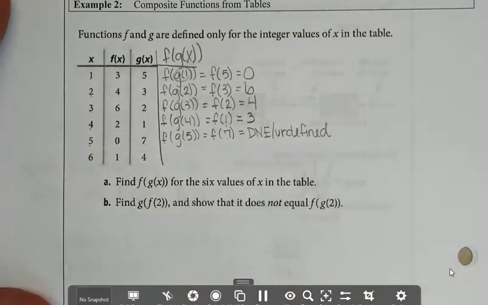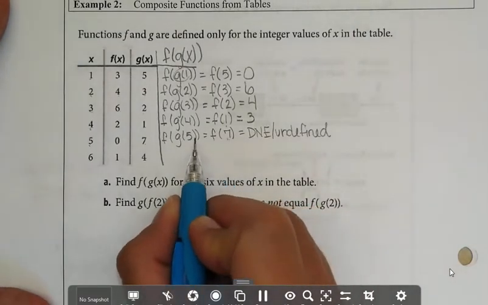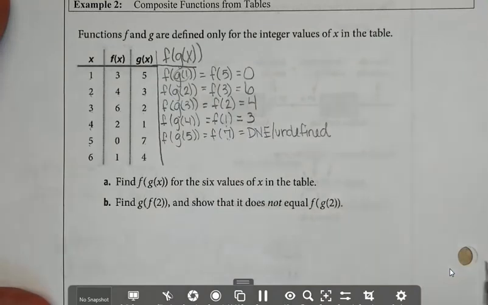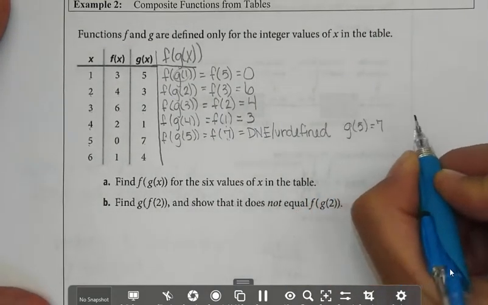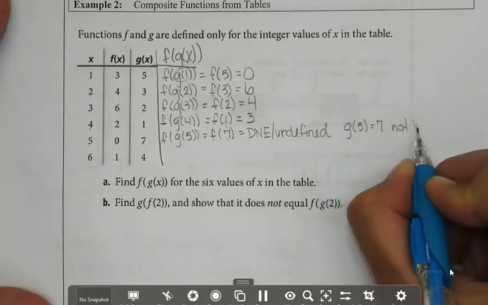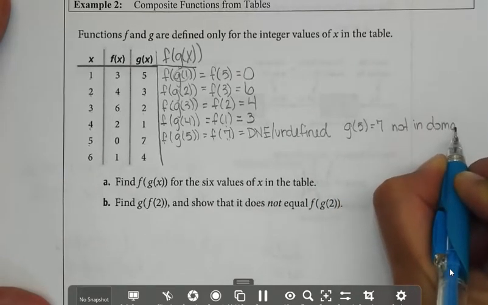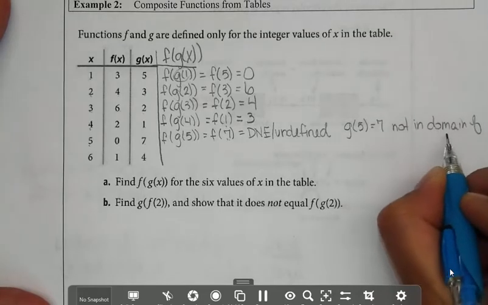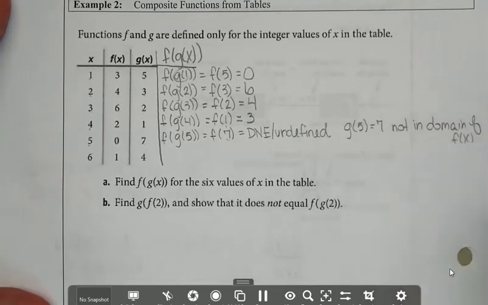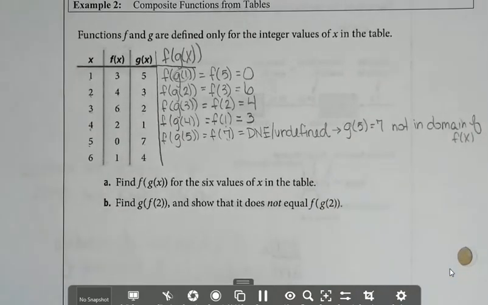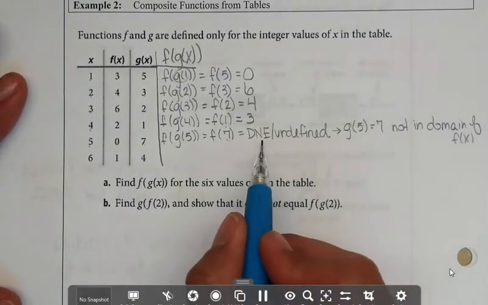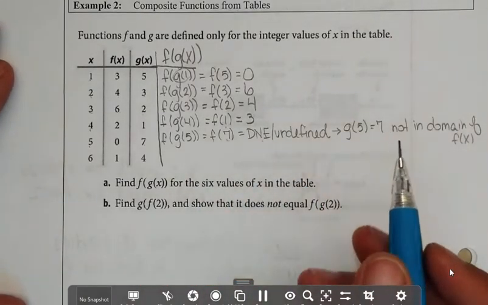And why is that? Well, g of 5, or 7, is not in the domain of f of x. So I'm going to write g of 5, which equals 7, not in domain of f of x. Okay, so that would be a good reason why it's undefined. Sometimes in your textbook, they'll expect you to explain, or on a test or a quiz, I'll expect you to explain why it's undefined, or why it doesn't exist, or why you wrote none.